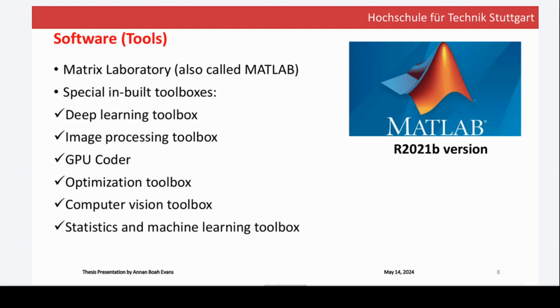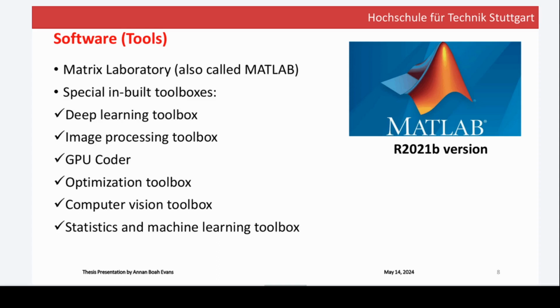Convolutional neural architectures have a lot of frameworks everybody can use. I am familiar with TensorFlow, Python, Scikit-learn and MATLAB. But this work focused on using the MATLAB-based framework to explore a wide range of convolutional neural architectures. Before you use this, you have to understand that there are some special inbuilt toolboxes you have to install before you can proceed.